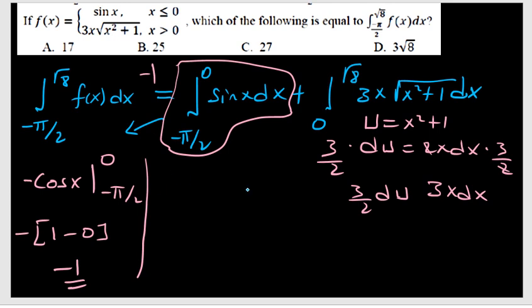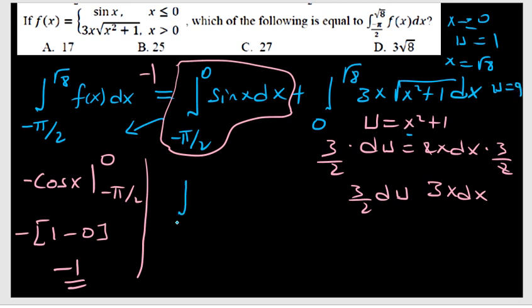Therefore, the integration will be, wait, let us substitute still. As x goes to 0, u is equal to 1. When x is equal to radical 8, u is equal to 8 plus 1, that's 9.